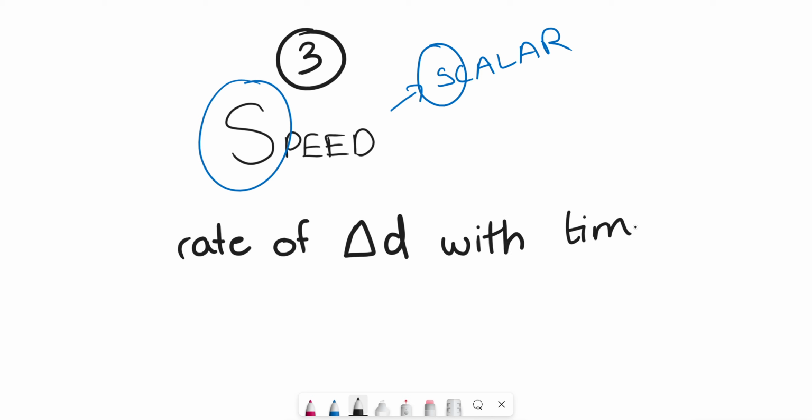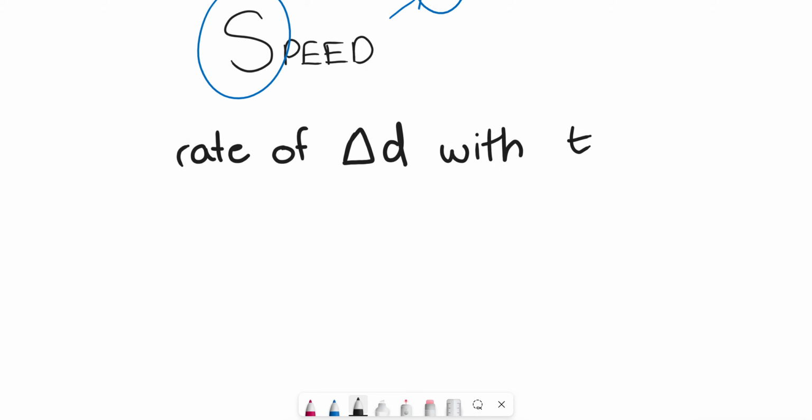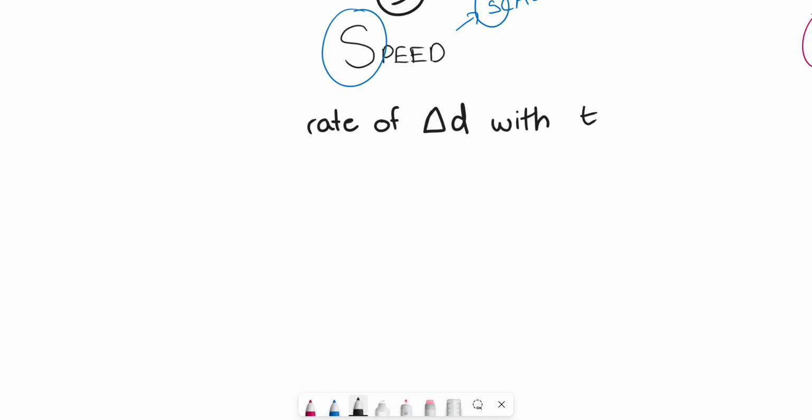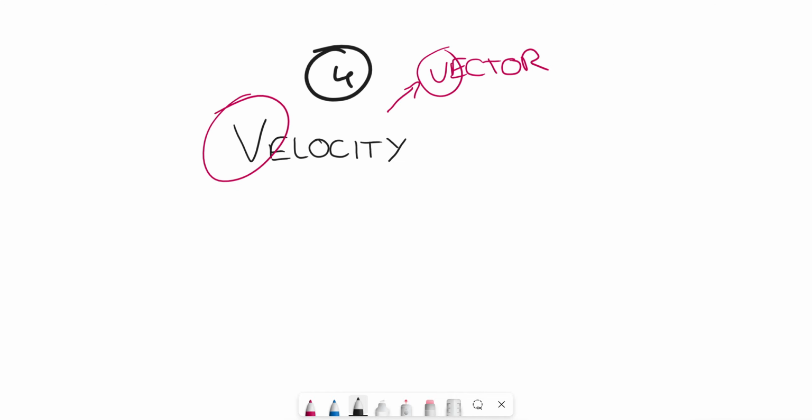Now time, again, we'll condense this. Time has the symbol t, small t. Nice and simple. You probably already know that, just making sure. So, rate of change of distance with respect to t. Now velocity, very, very similar, but since velocity is a vector, when we talk about what it's the rate of change of, it has to be the rate of change of a vector quantity.